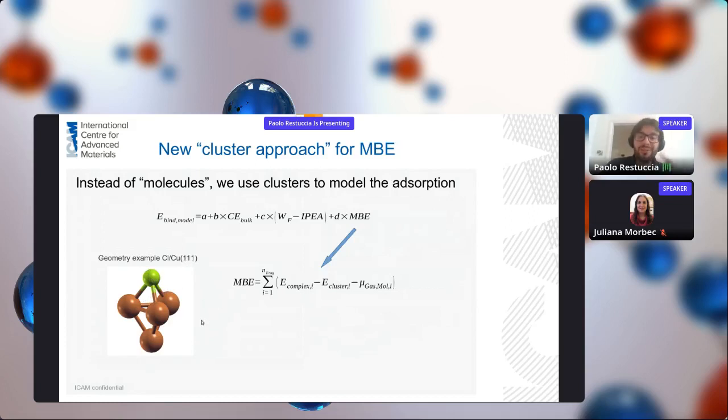To take into account the different system, we also slightly modify the formula for the calculation of the MBE term. In this case, we are not computing the bulk energy for the metal, but we compute the energy for the isolated metal cluster in the ab initio formula.